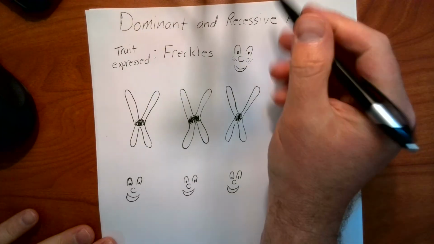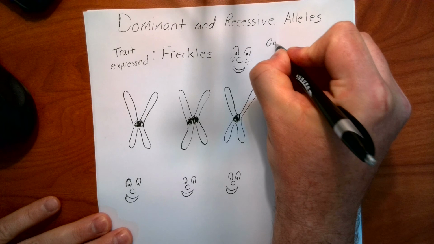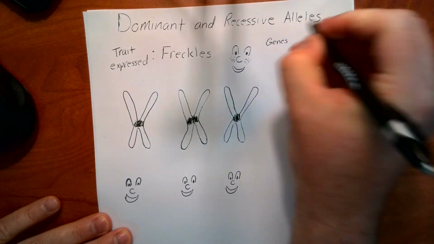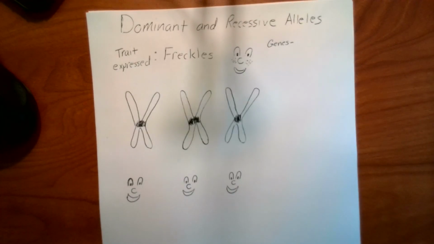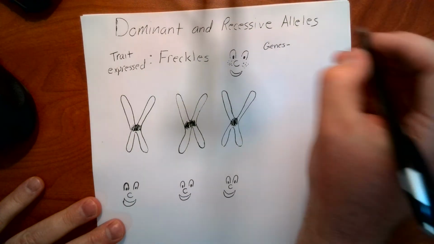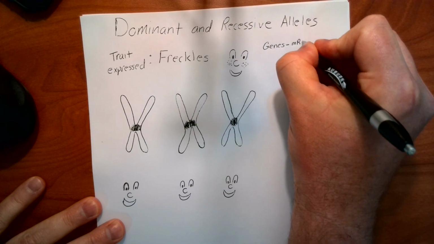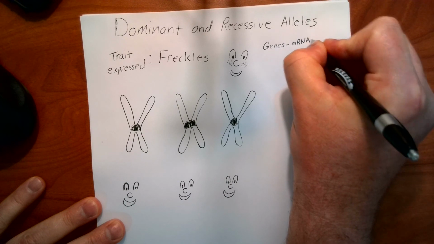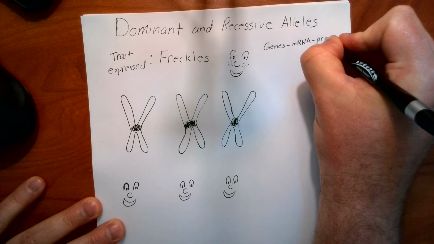And you know that we have these things called genes, and genes can get translated. Okay, and remember, genes have codes that will lead to the formation of a protein, but the genes get transcribed into mRNA, and that mRNA then gets translated into protein.